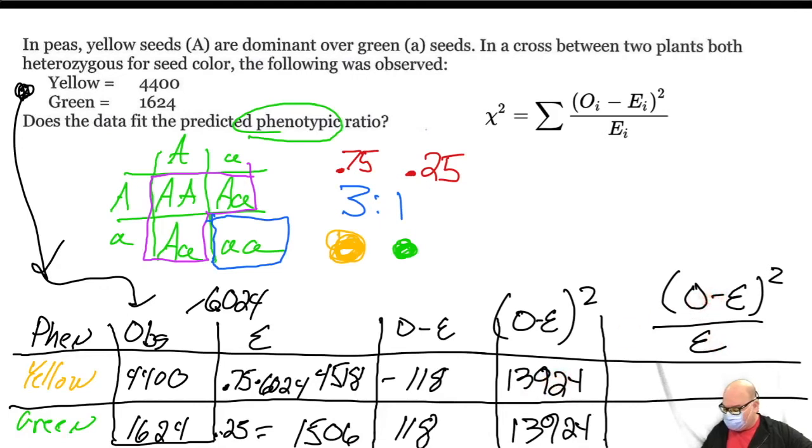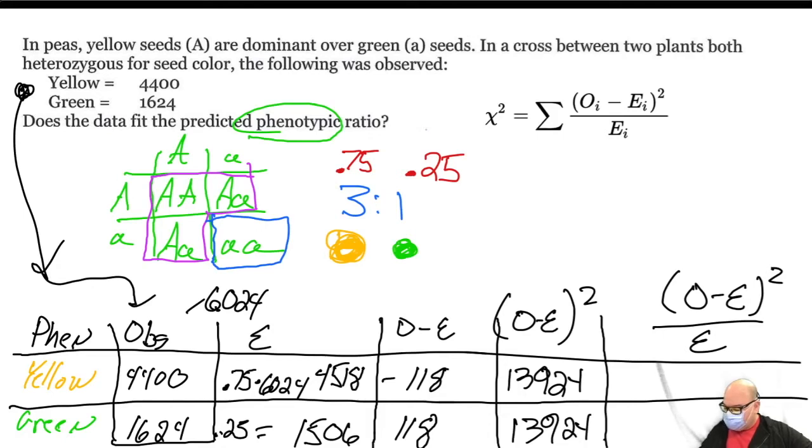So for this one, it's going to be 13,924. That's this term right here. We figured that out right here. And we're going to divide it by 4518. It's a little bit small to write that math in here, so I'm just going to temporarily draw it up here.